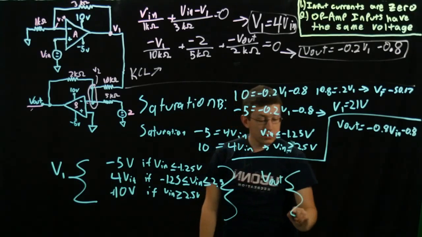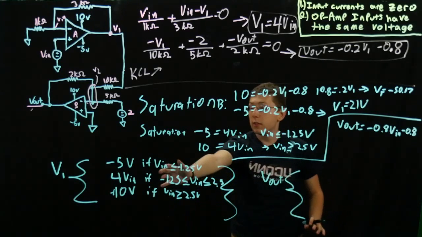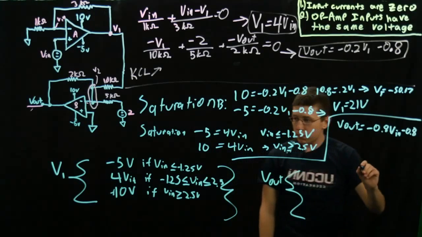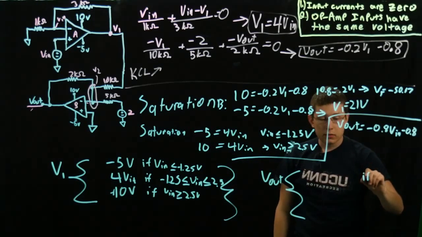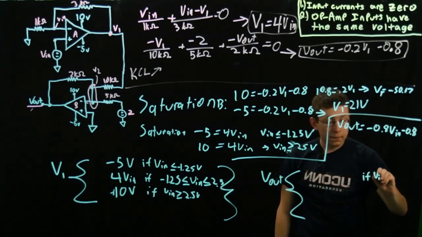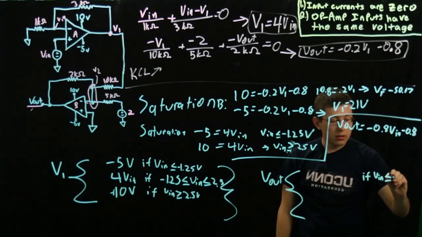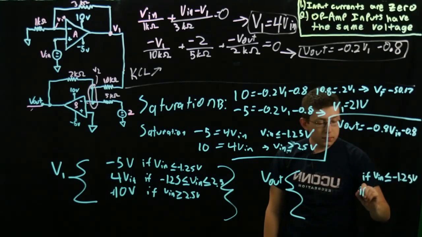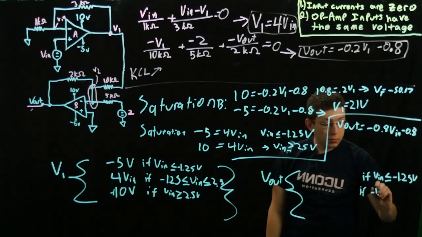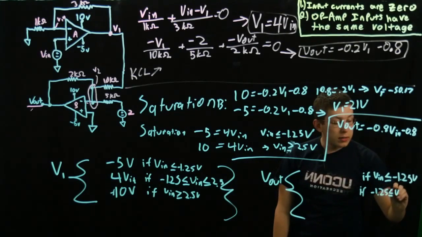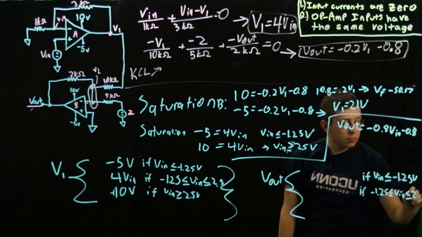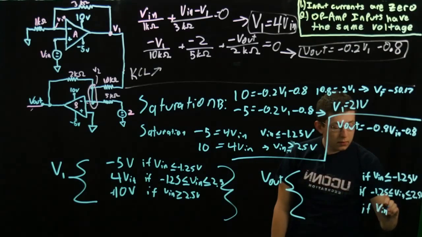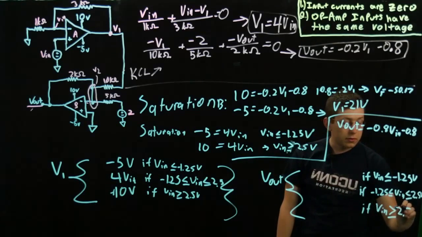So the conditions are the same. So this whole left half of if V1 is whatever values, that's the same for V out as well. So if Vn is less than or equal to negative 1.25 volts, if negative 1.25 is less than Vn is less than 2.5 volts, and if Vn is greater than 2.5 volts.